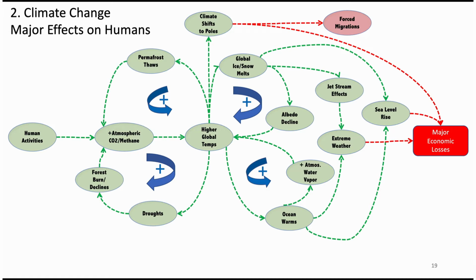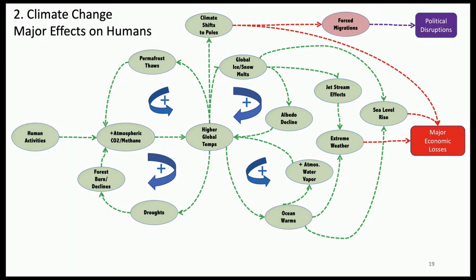Think, for example, of the refugees leaving Syria and adjacent countries and trying to move north to Europe, or those in Central America trying to get into the United States. At a minimum, such movements cause political disruptions, and if they become sufficiently intense, can lead to wars.